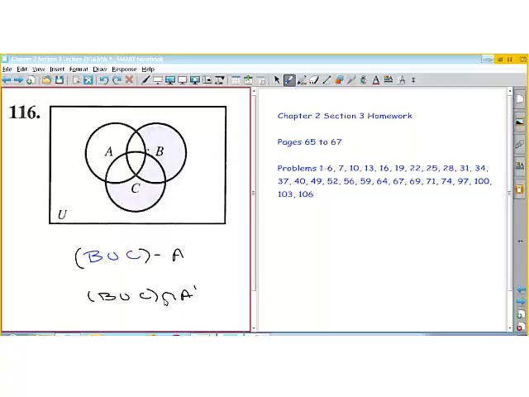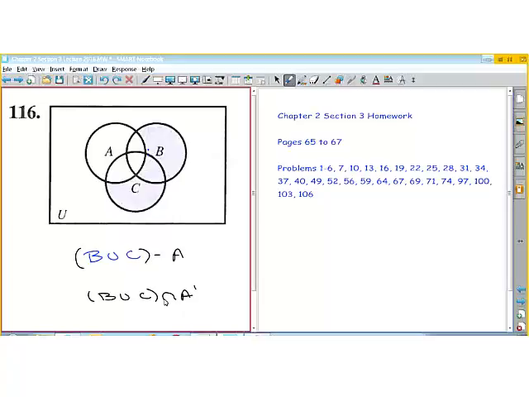Okay, well, we finished that section, so that's good. We'll move on to section 4, which is similar to it. It's talking about surveys. Do you like this and do you like that, and how many people like this and that, and it involves intersections of various things.